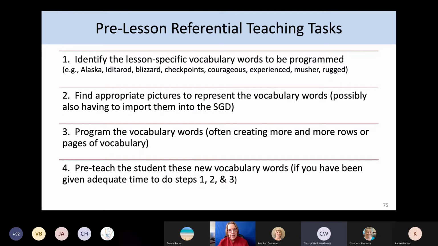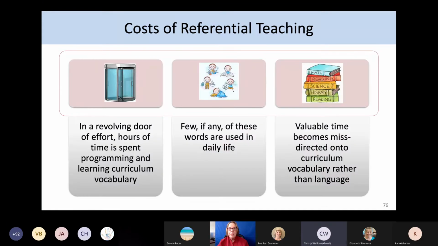And I had to change my ways because the cost of this was a lot of effort on my part with a revolving door. Time spent was in words. I put the word Iditarod in, and I guarantee you after that lesson was done, that was never ever used again. And now I'm getting a device filled up with a lot of junk in it that I have to continually figure out, do we keep or do we purge?